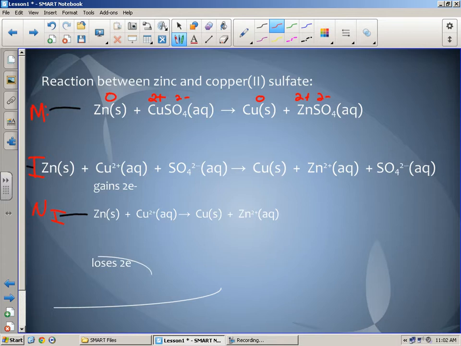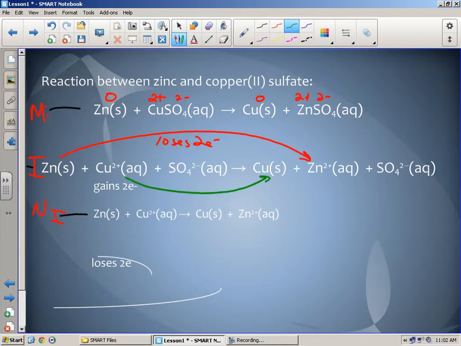Look what happens. Zinc goes from zinc 0 to zinc 2 plus. How does that happen? How does zinc become zinc 2 plus? It loses 2 electrons. So you're going to write that in here. Loses 2 electrons. Therefore, is that being reduced or oxidized? Oxidized. Look at copper 2 plus here.